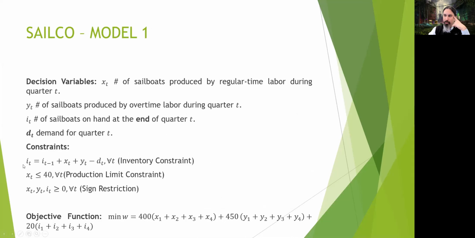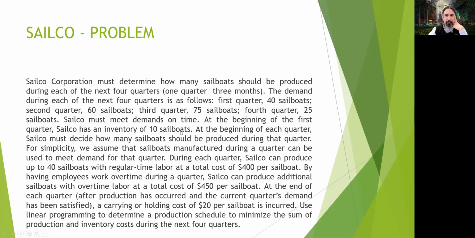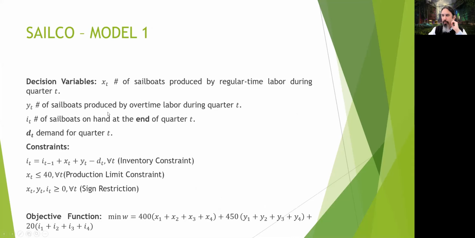But when you take a look over here, we know that there is a starting inventory of 10 saleables, which is actually I0, okay? Because we know that IT is saleables on hand at the end of quarter T. We had talked about this one last week, if you remember. It can be at the end of a quarter or at the beginning of a quarter, but still it's the same thing, okay? The end of January is the beginning of February.